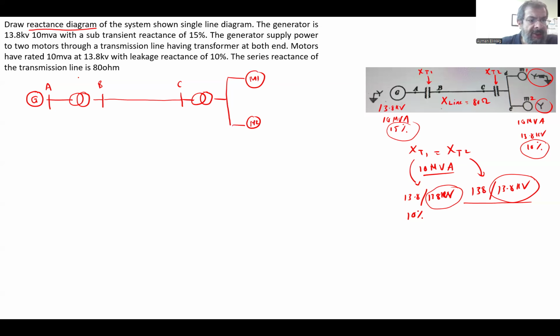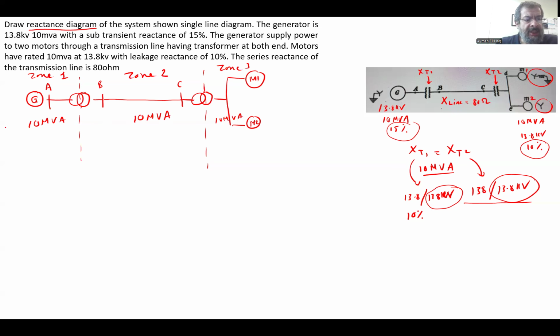Now we have to identify the zones. The transformers will split the system into zone 1, zone 2, and zone 3. Then we need to find the S base and V base for everything. For S base, I will select the generator rating, 10 MVA, and this will be the same everywhere. I selected the base matching the rating of the generator, which is usually the case.